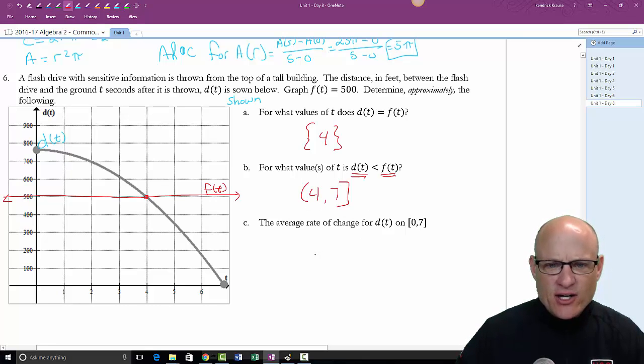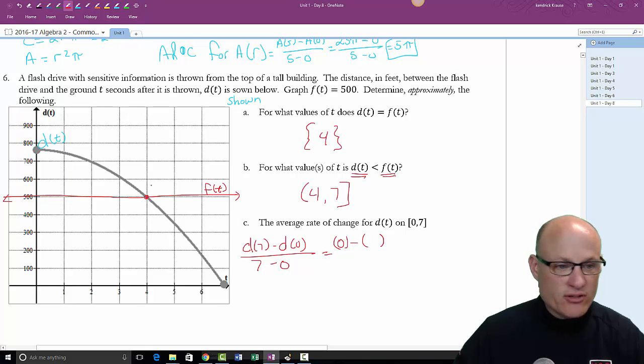And finally, the average rate of change for d of t from 0 to 7. So we're going to do d of 7 minus d of 0 all over 7 minus 0. So d of 7 is 0 minus d of 0, which looks like it's about 750.